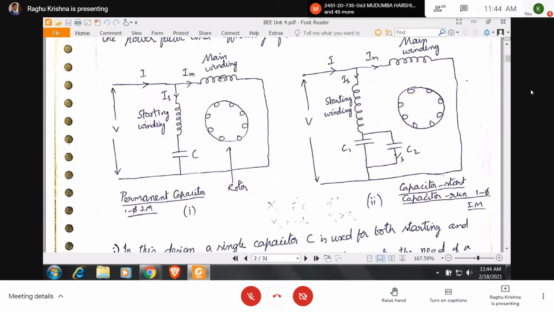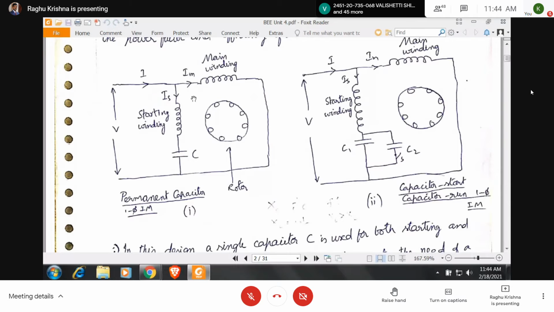So here inductor and here capacitor. There will be a phase difference between IM and IS. We have only inductor in the main winding, and the starting winding is connected to a capacitor.